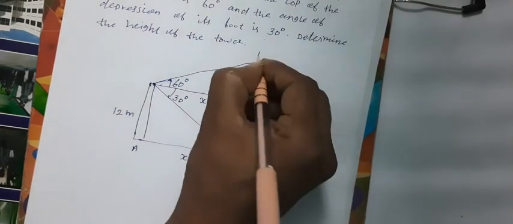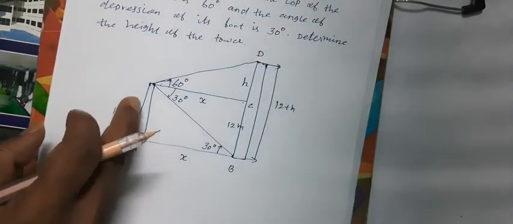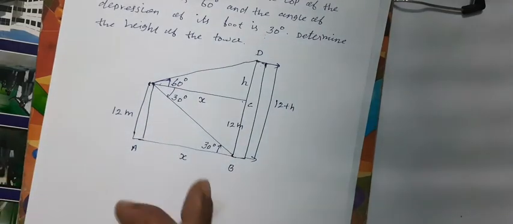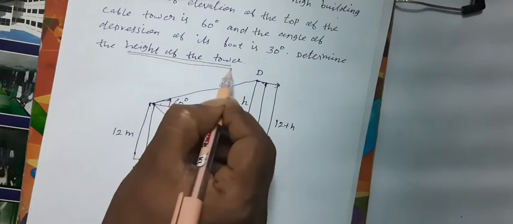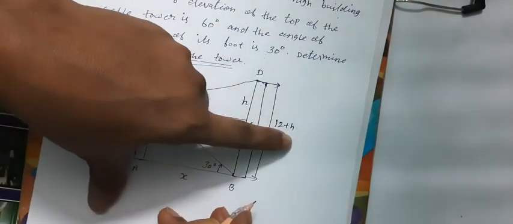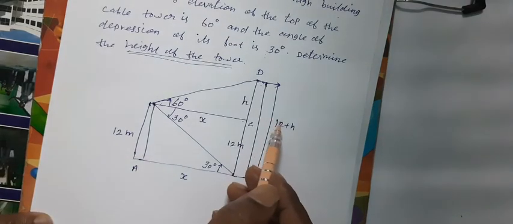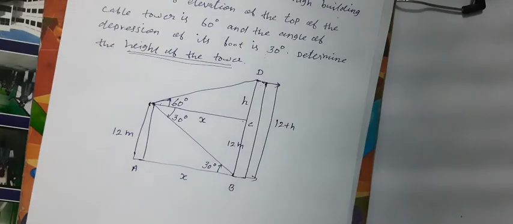So A, B, C, D. Okay, the diagram is over. Now what do you want to find? You want to find the height of the tower, which is 12 plus h. So we want to find the value of h first, and then we can add it to 12 to get the height of the tower.